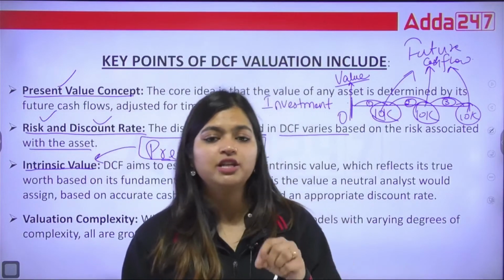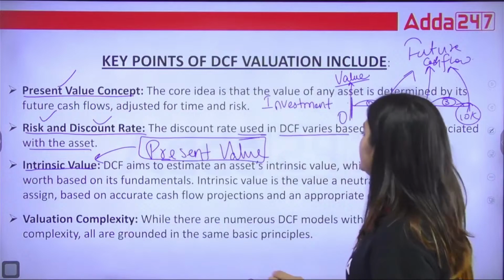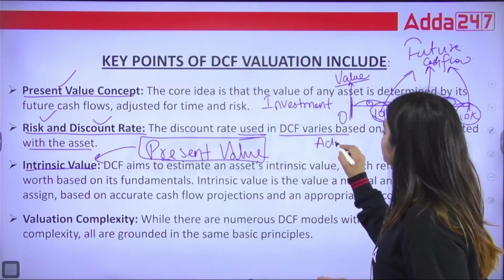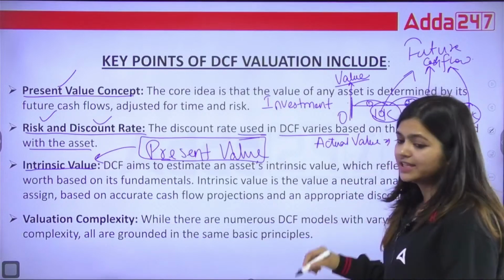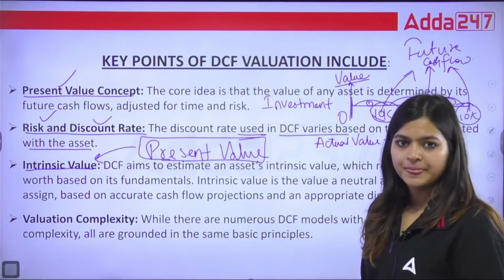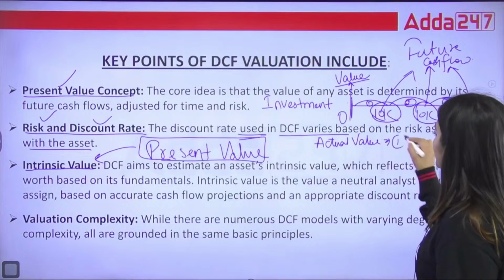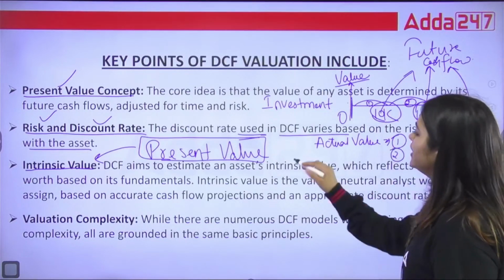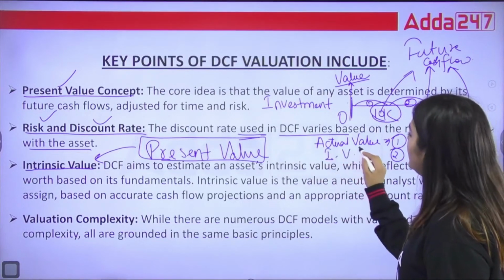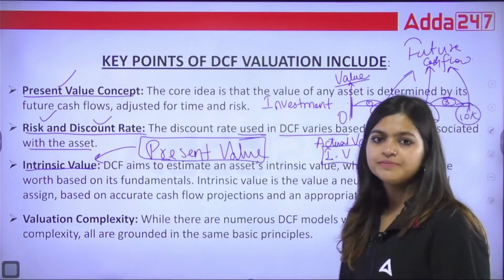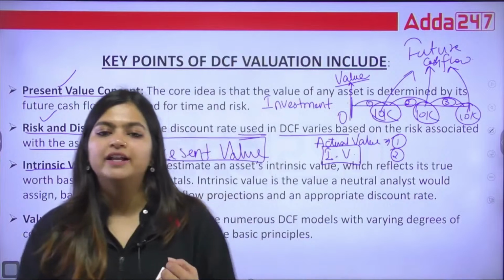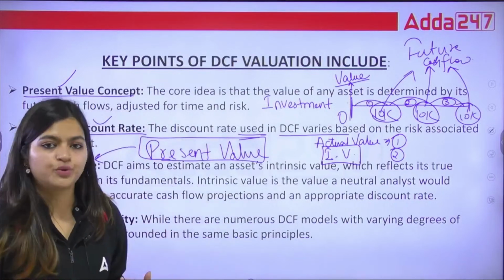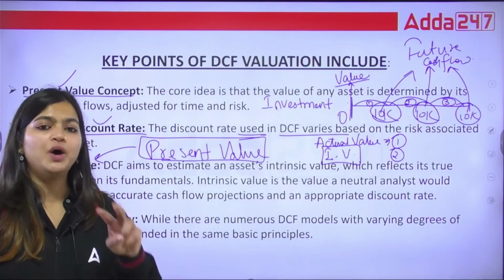One is the actual value that the seller is offering you. Next value is your intrinsic value that you calculated with the future cash flows and the discount rate. So at present now you have two values.